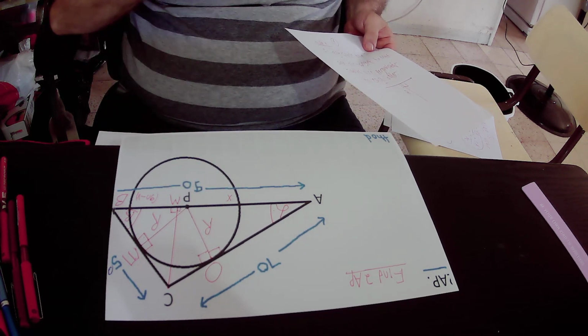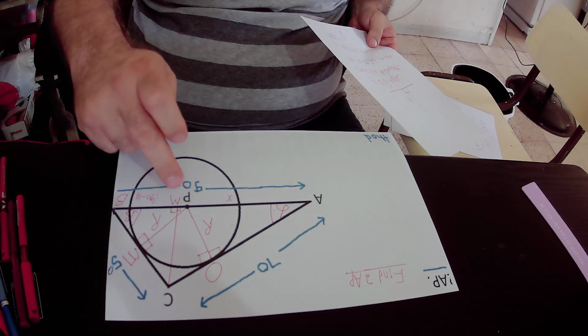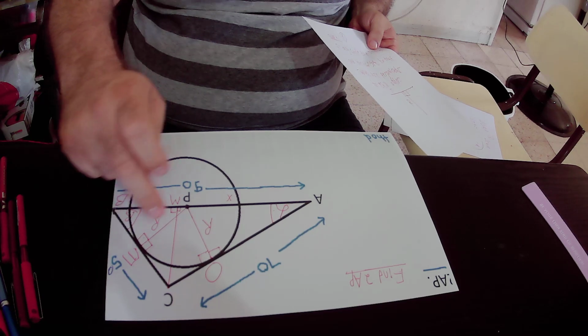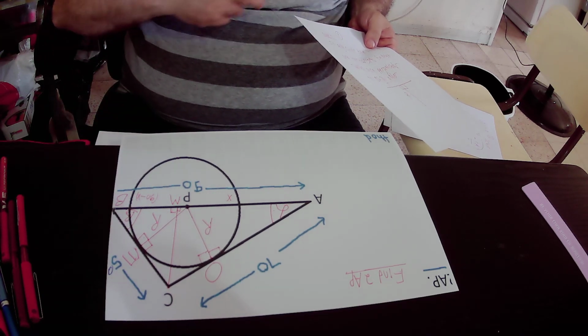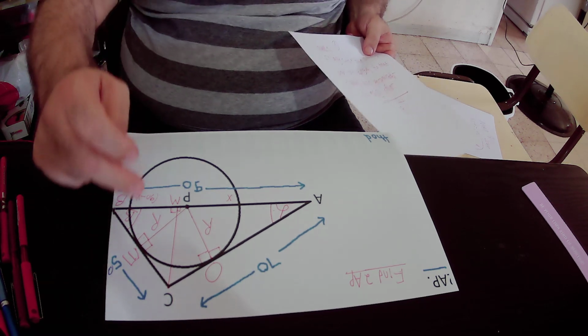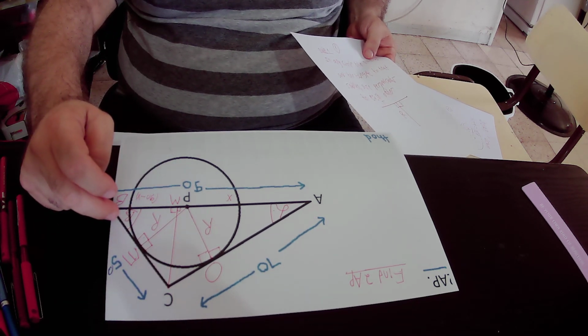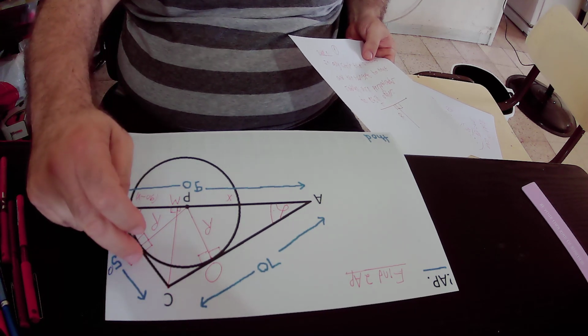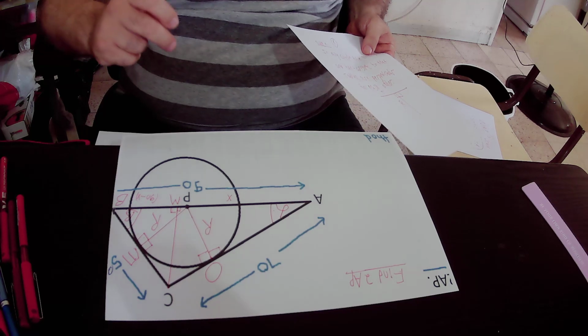And for the same reason, radius PE of the circle will be perpendicular to the tangent to the radius, CB.